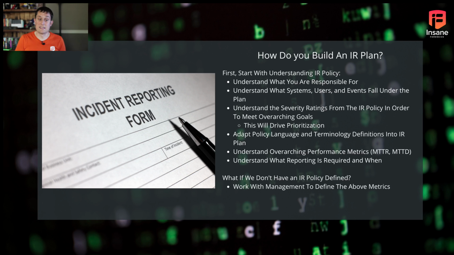Performance metrics are something that also gets pulled from an incident response policy and needs to come down to the plan. How quick do we have to respond? Where do we have to respond? Some of that might depend on regulations in your given industry.